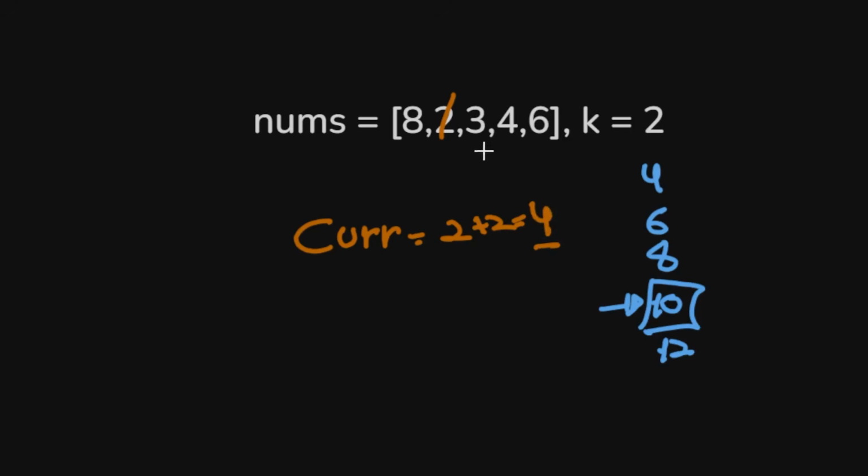Now we check if we have a 4 here, and we have it right here, so we update current with current plus k. 4 plus 2 is equal to 6. Now we check if we have a 6 in the array, and we have it here, so we update current with 8. Now we check if we have 8 and we have it here, so current is 10, and given that we don't have a 10 here, we can return current, okay? We break the while loop and return 10.